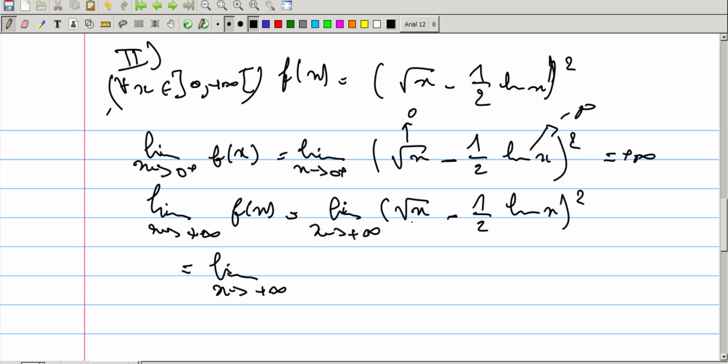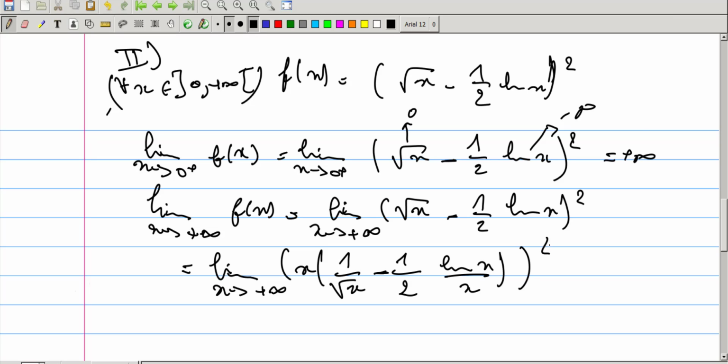We can factorize with x. So x factorizes out of 1 over, I'm sorry, I spoke in French again, over square root of x. What we do here is divide by x, which gives ln x over x, all of this squared.